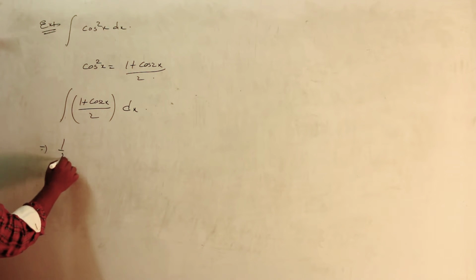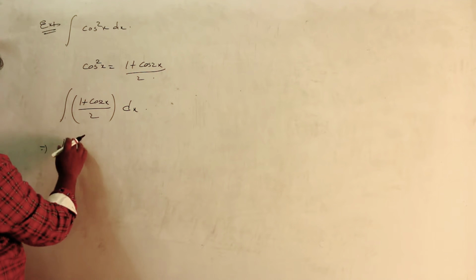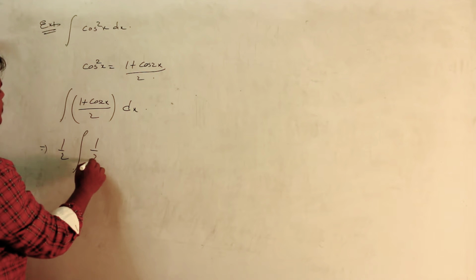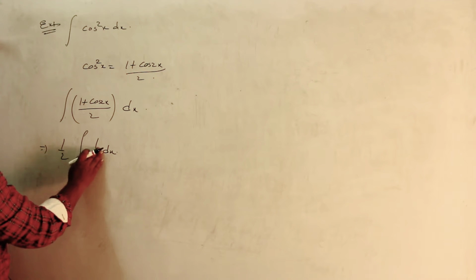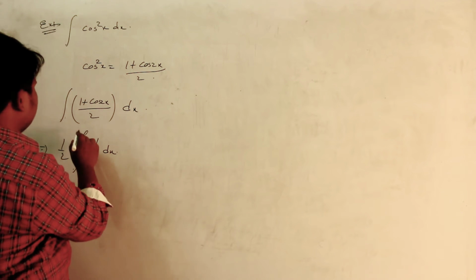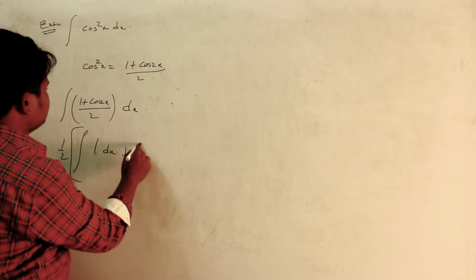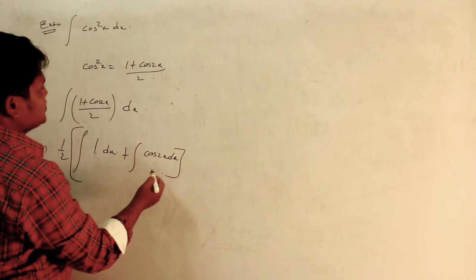So 1 plus cos 2x divided by 2 into dx. Again we can take 1 by 2 out of this integration. So half into integration of 1 dx plus integration of cos 2x dx.